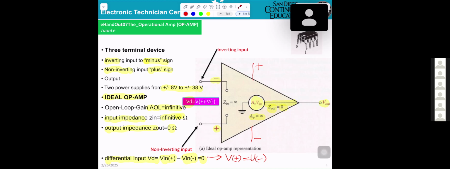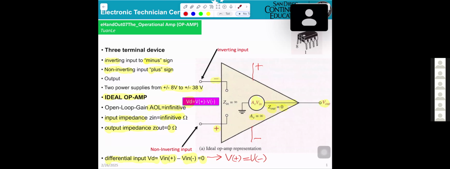In general, for an ideal op amp, basically you cannot get an ideal op amp anywhere. Open loop gain, AOL, should be infinity. Input impedance, that means between the positive and the negative of the op amp, they want it to be infinity ohms. What does that mean?